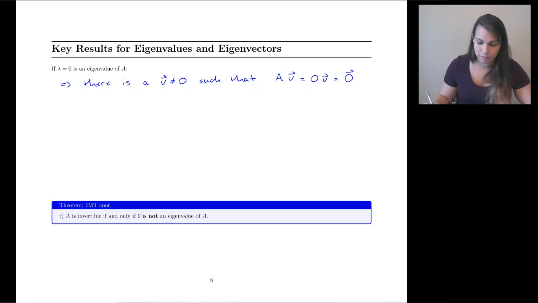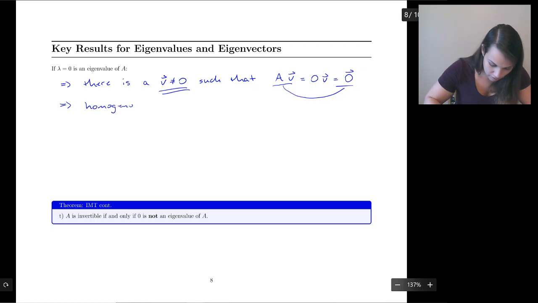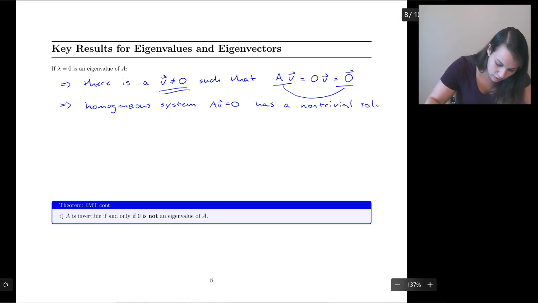So since v is non-zero, this is our homogeneous system. So then the homogeneous system Av equals 0 has a non-trivial solution.